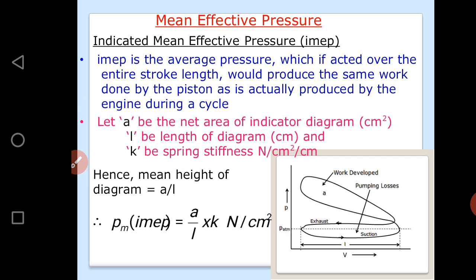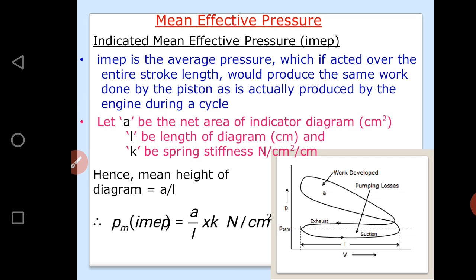We assumed that the area produced by the swept volume as length and mean effective pressure as height will be equal to the area of the indicator diagram. This is the same thing we are saying here: if acted over the entire stroke length, it would produce the same work done by the piston as actually produced by the engine during the cycle. With the help of this we derived the indicated power.